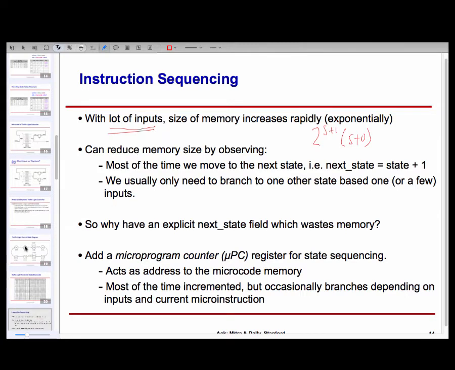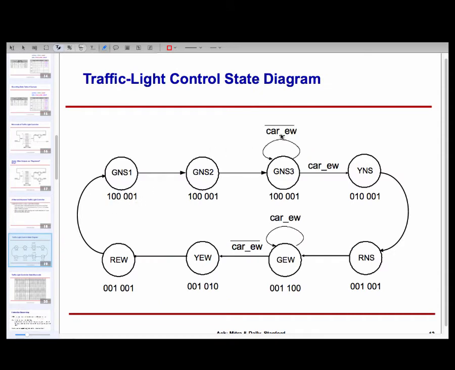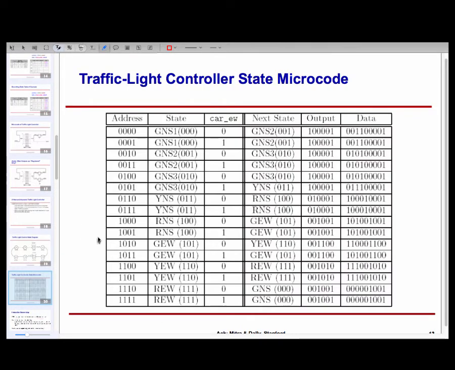The other thing you would notice is, the input matters only in very few states. It's not as if I'm using the input in all the states. In fact, if you look at my table out here, in most states, it does not matter whether car east west is 0 or 1. Like if you look at the first 2 rows, they are identical, other than the fact that car east west is 0 in one and 1 in another.